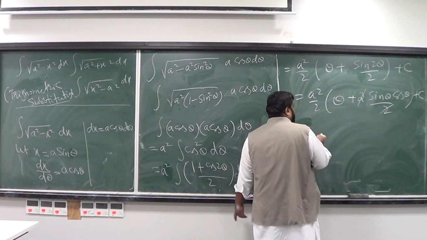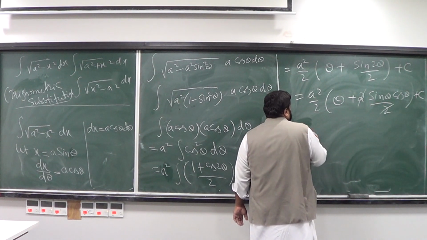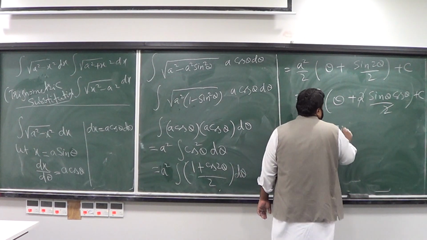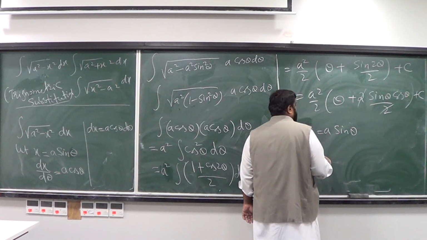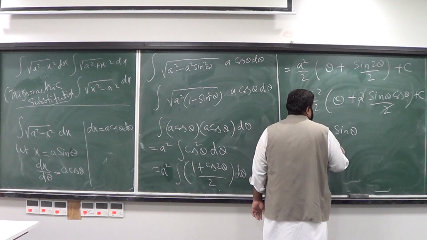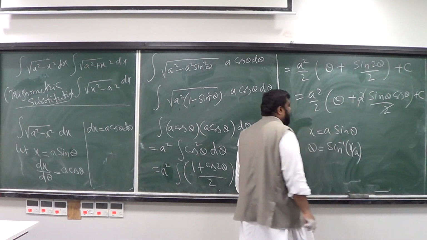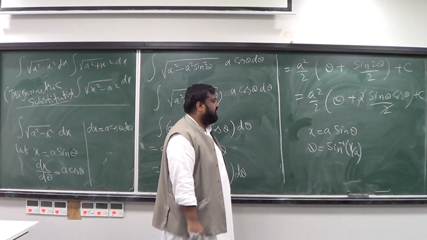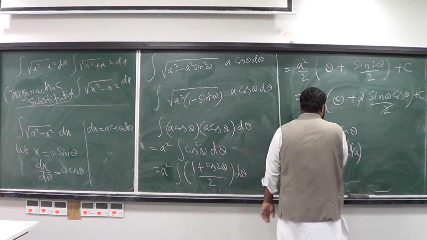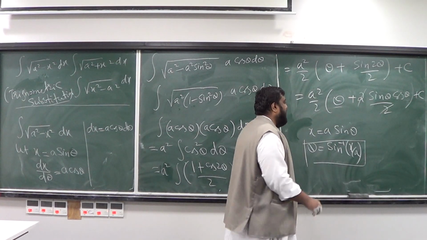You can do one step ahead. So x is a sine theta, so theta will be sine inverse x upon a. On the place of theta, substitute sine inverse x upon a.